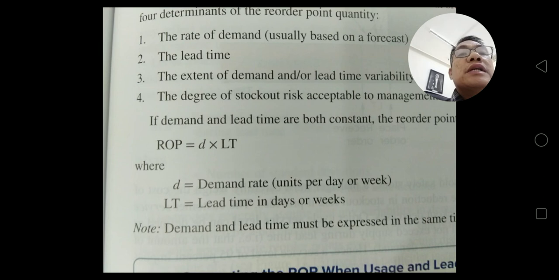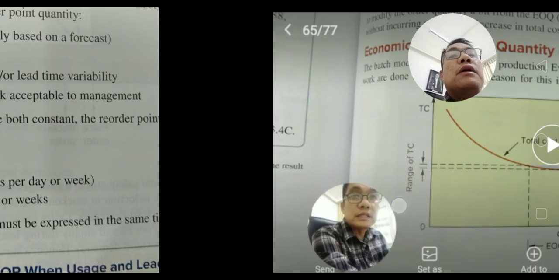And if it does exist, then ROP is equal to D over lead time, which means demand rate, units per day or week, over the lead time in days or weeks. So ROP, that's the formula. Remember that because you just simply have to factor that in.